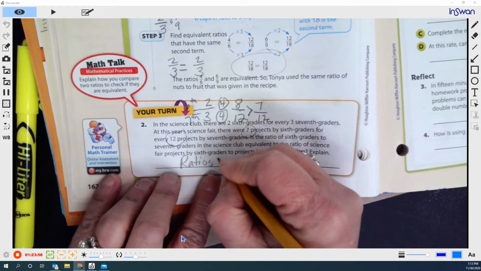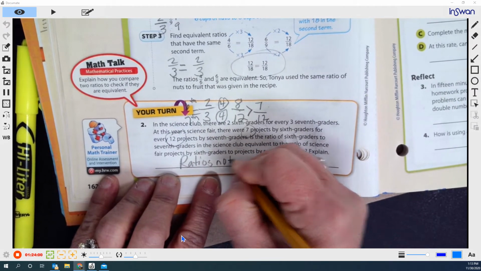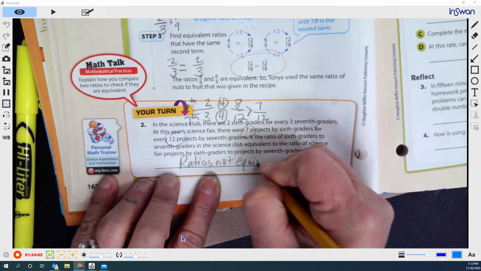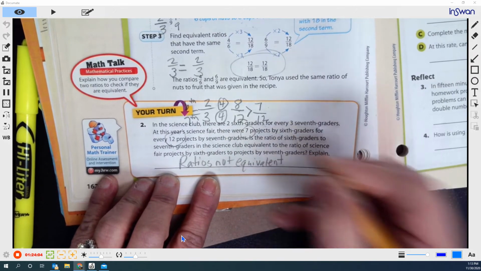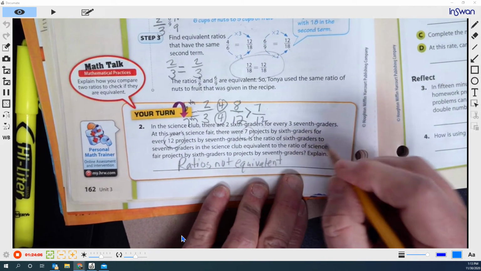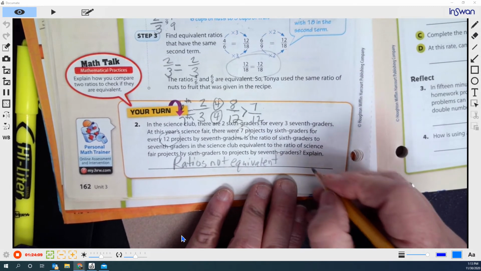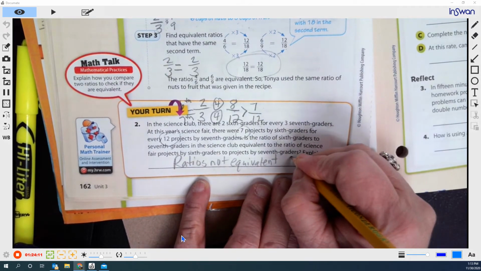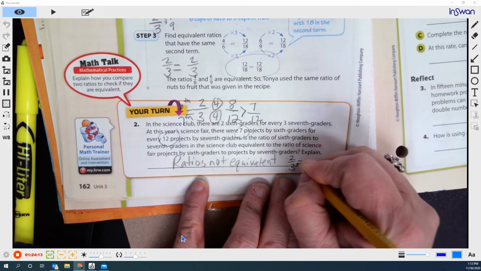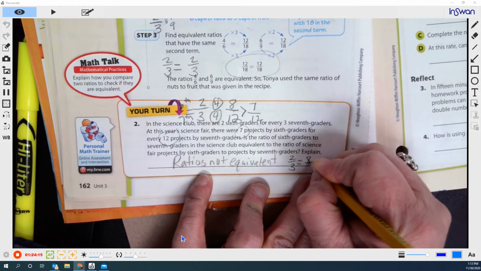Let me make this neater. The ratio is not equivalent because if we rename that, 2/3 equals 8/12.